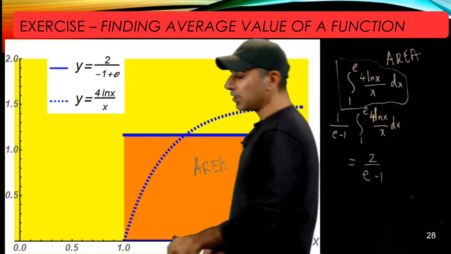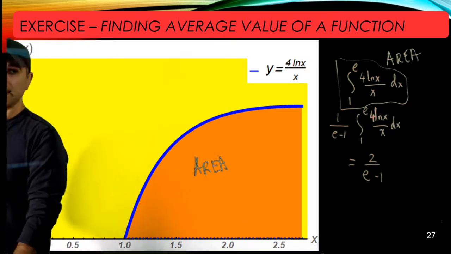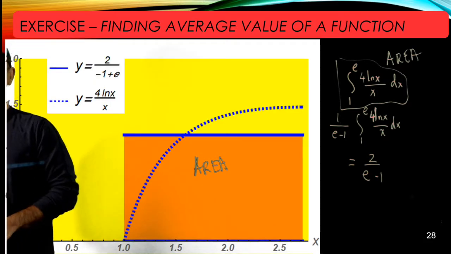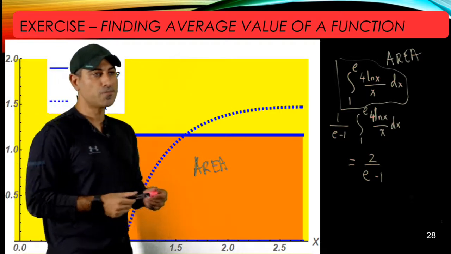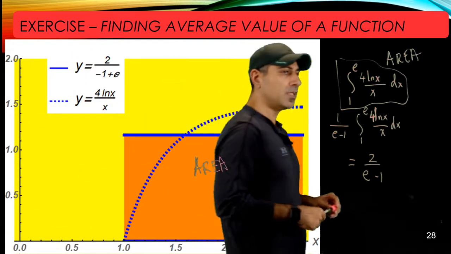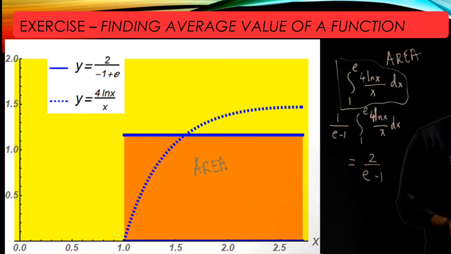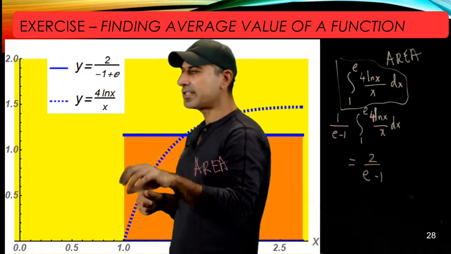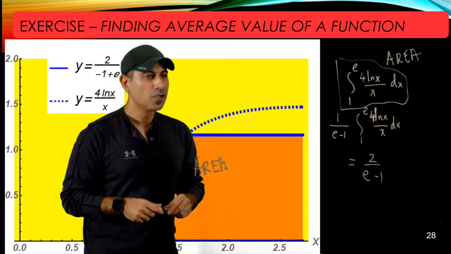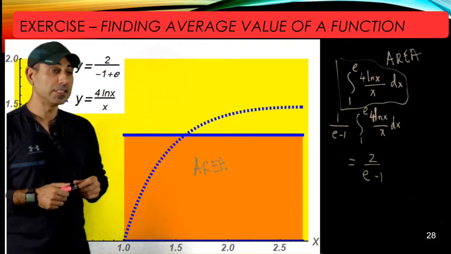So the original area can be represented by the area of this rectangle. This is in fact an application of the mean value theorem towards finding the average value of a function. I hope this picture helps you to see the relationship between the area and the average value of the given function.